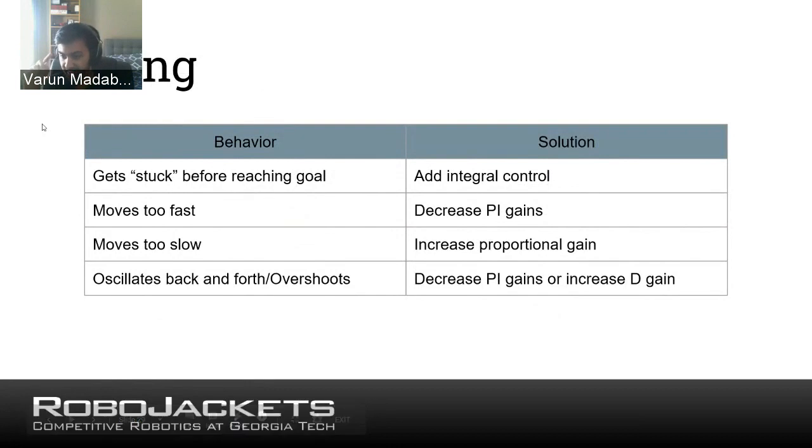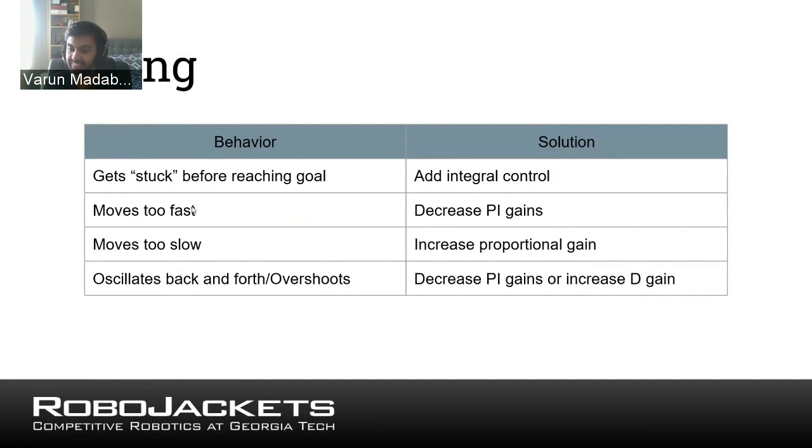So tuning is the biggest part of PID loops, and it's maybe the hardest part to get right. You have to learn how to do this just by observing the robot and changing numbers. So you get the hang of it eventually. But there are some different cases that you might see. For example, if the robot gets stuck before it reaches the goal, it means you need to add integral control.